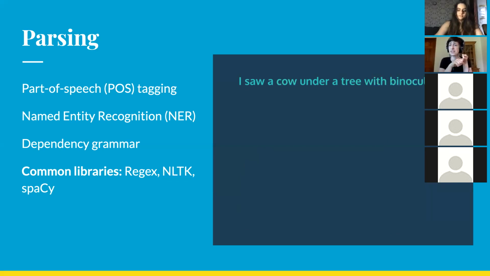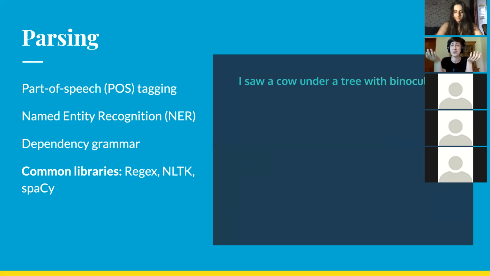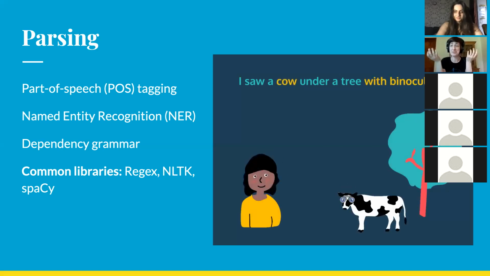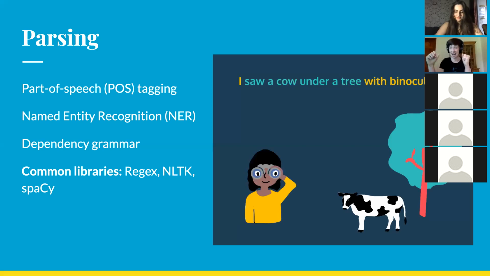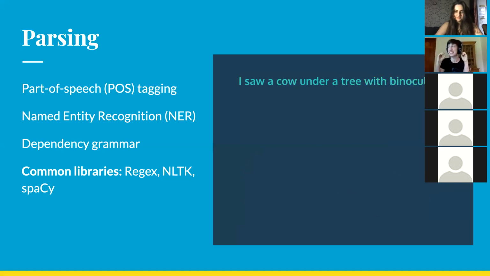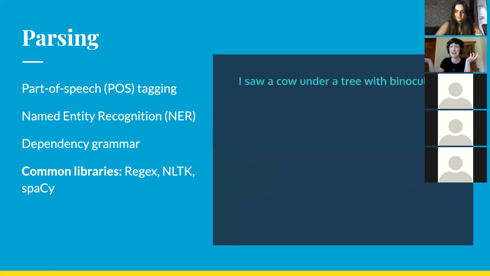And just to give you a sense, I'm sure all of you are familiar with how incredibly ambiguous English is. Sometimes it is really difficult to tell what somebody is talking about or what they're trying to say. So if I say a sentence like, "I saw a cow under a tree with binoculars," am I saying that I had the binoculars? Am I saying that the cow had the binoculars? Or am I saying that the tree had binoculars?